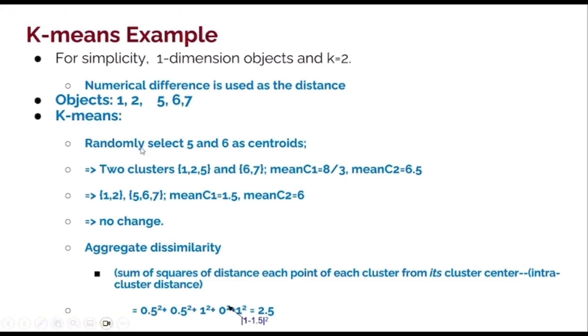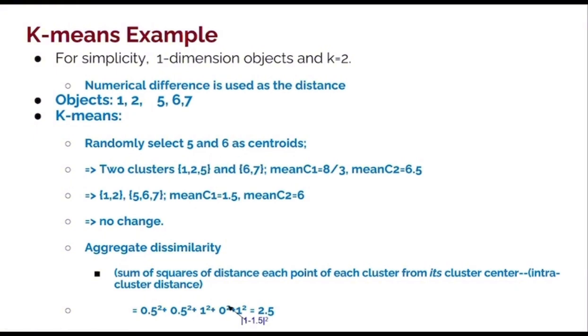With k-means, I will randomly select two numbers from the objects, and those will serve as my centroids. Let me say I selected 5 and 6, I'm just assuming. So this is the 5 here and this is the 6 here.